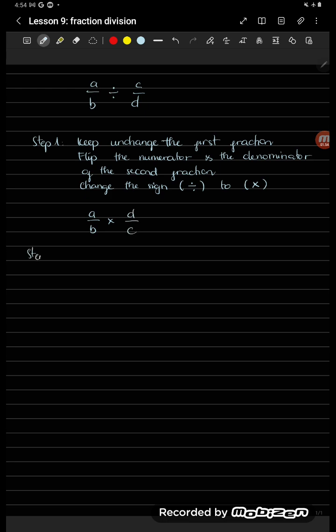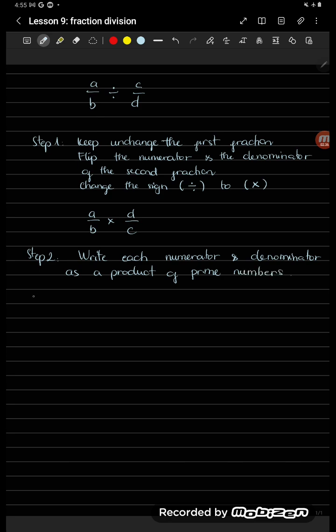And then step two, just similar to multiplication. Now we have a multiplication of fractions, so we just follow exactly the same as lesson 8. Okay, so we also write each numerator and denominator as a product of prime numbers.